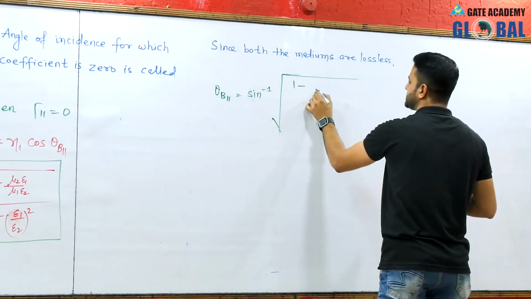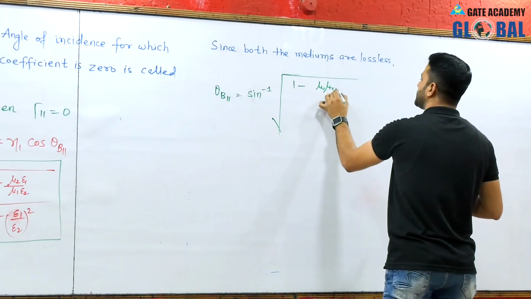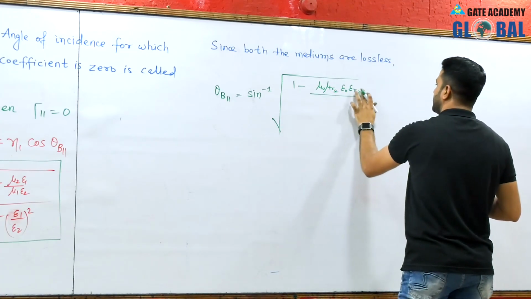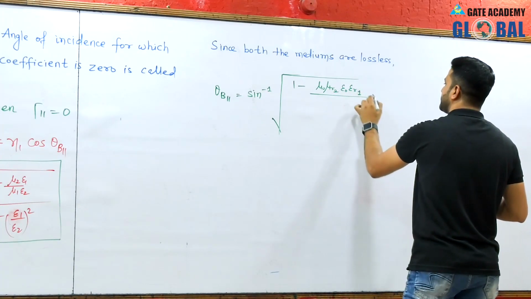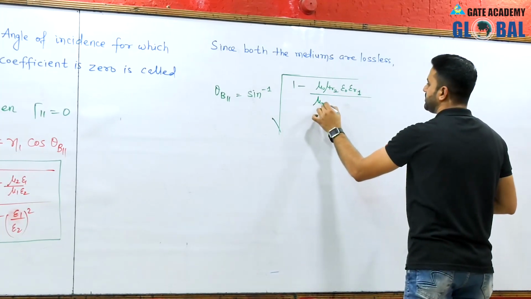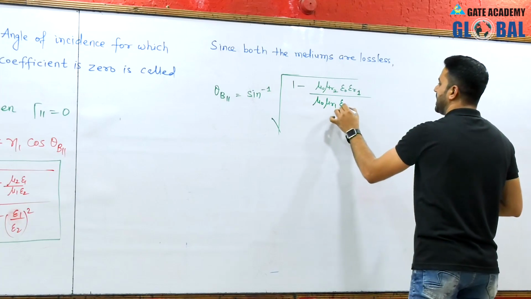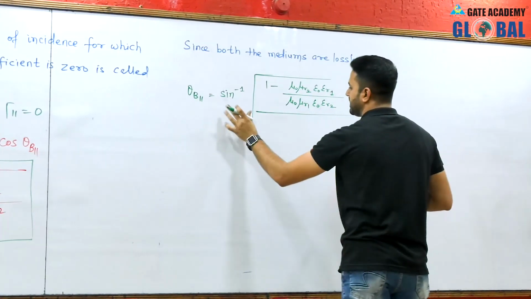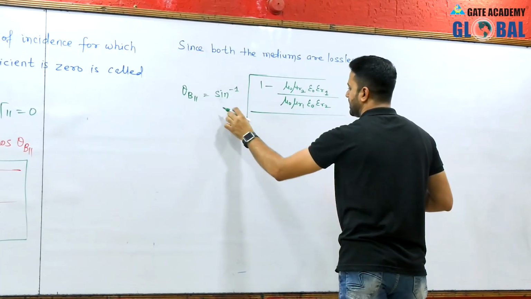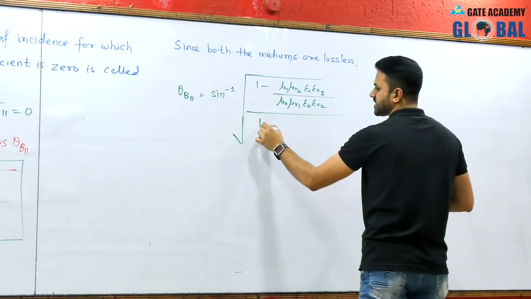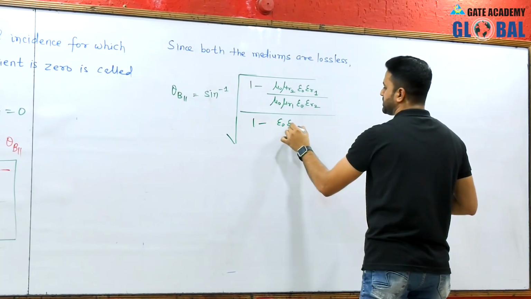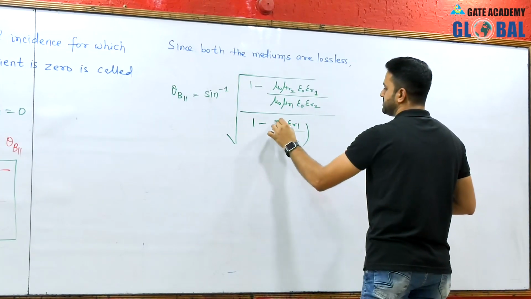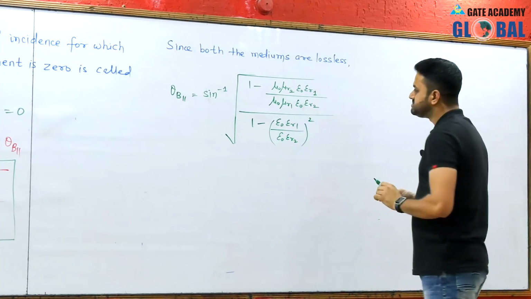1 minus mu naught mu r2 epsilon naught epsilon r1 over mu naught mu r1 epsilon naught epsilon r2, divided by 1 minus epsilon naught epsilon r1 divided by epsilon naught epsilon r2 whole square.